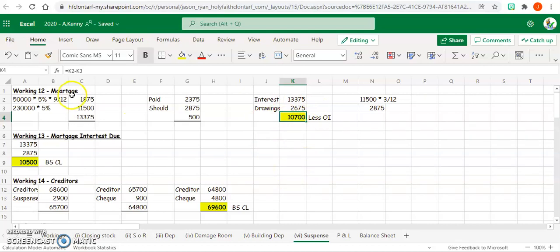Then we need to find out the interest for the first 3 months, which is the 11,500. Remember, this 230,000 is for the full year. So for the first 3 months, our interest should have been 2,875. So we take 11,500, we multiply it by 3/12 because the mortgage interest was only paid for the first 3 months.